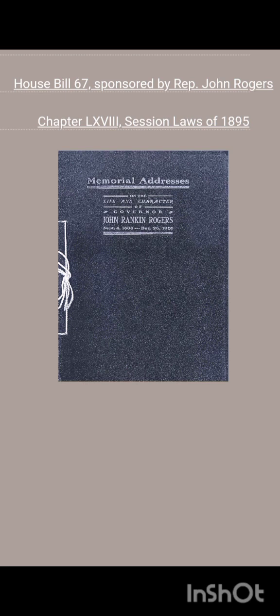Now, in elder law, the very first law that was ever enacted outside of the Bill of Rights, which are the first 10 laws in the U.S. Congress, is this House bill called the Barefoot Boy Act.